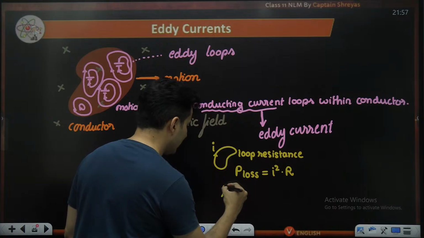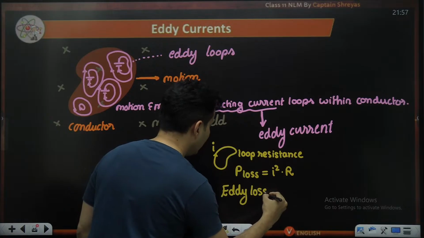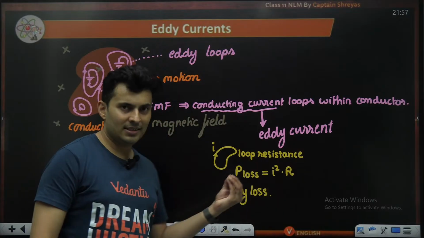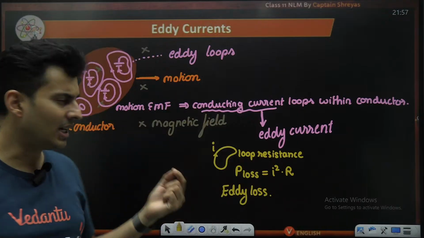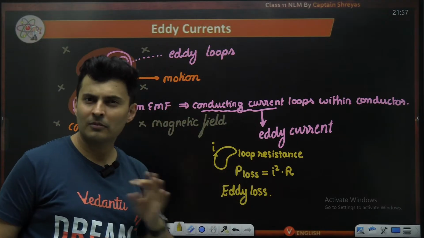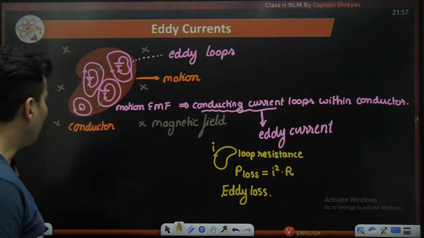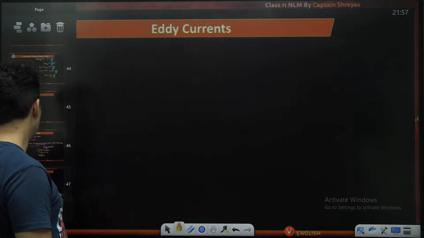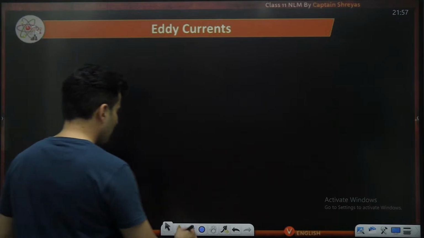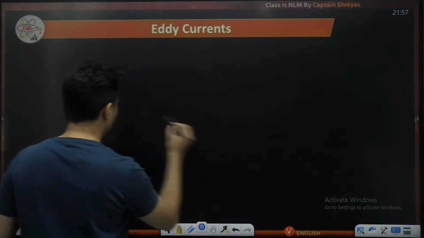This is called the eddy loss. Eddy loss is because of the I squared R loss in the current loops and the resistance of that conductor. Is it absolutely clear, everyone? Okay. Now, what happens because of this? There are many such phenomena which are attributed to eddy currents. Say, for example, I take a pendulum.